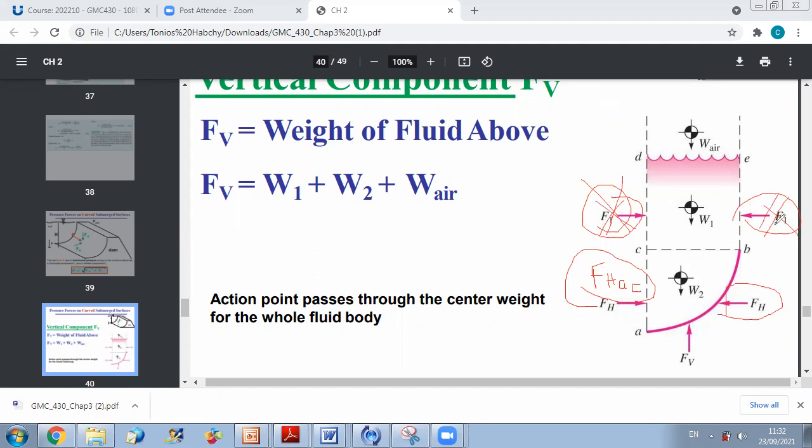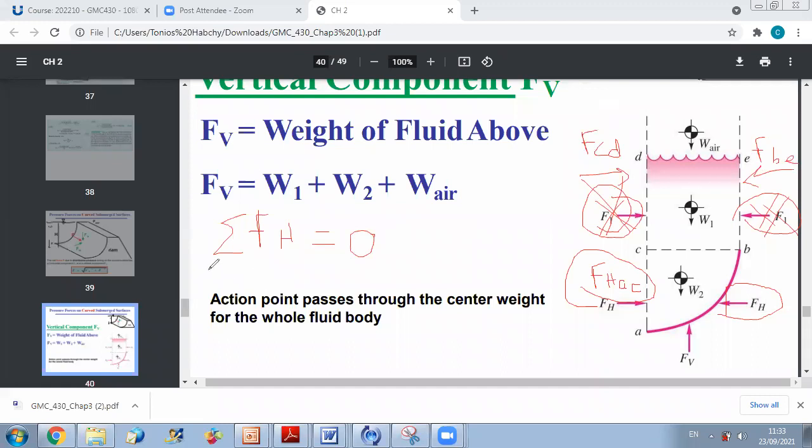So in the horizontal direction, the only remaining forces will be what? If I write the sum of forces along the horizontal direction equals 0, you have here FCD and FBE. We said that FCD and FBE will cancel out.